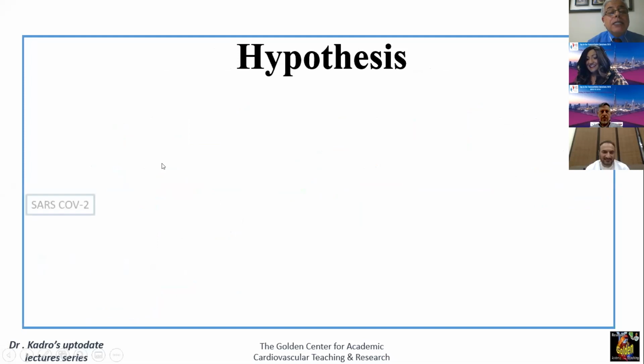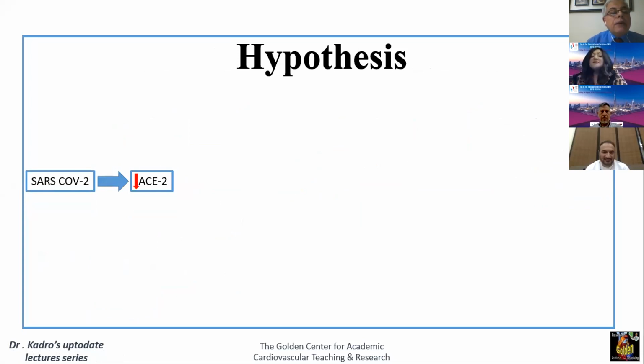So this is the summary slide of the hypothesis, how we get this bad coagulation. We get SARS-CoV-2, and that will decrease ACE2 activity after the virus interacts with this receptor.